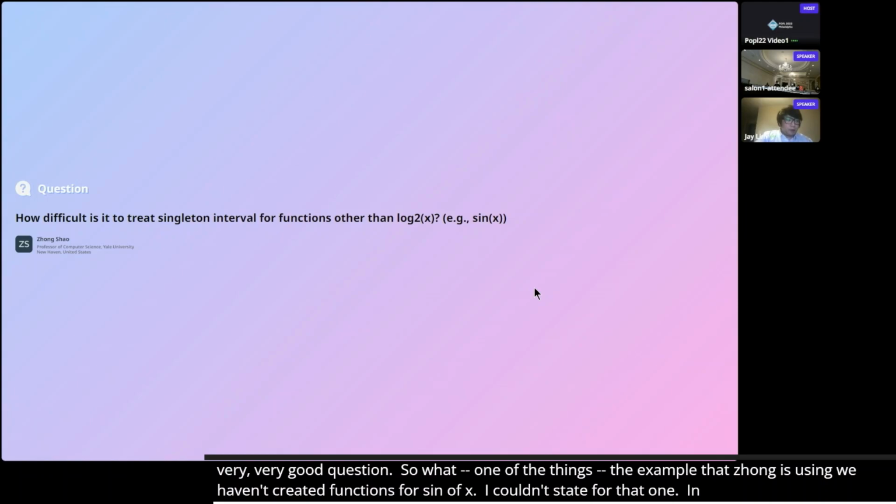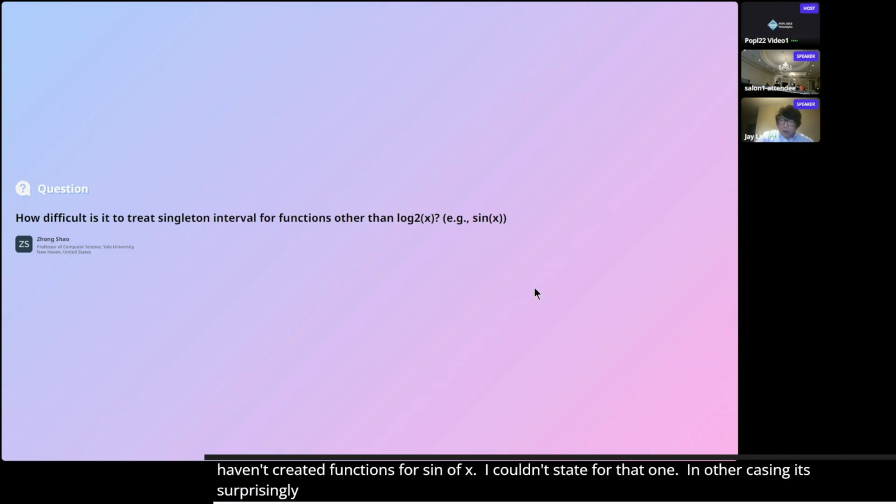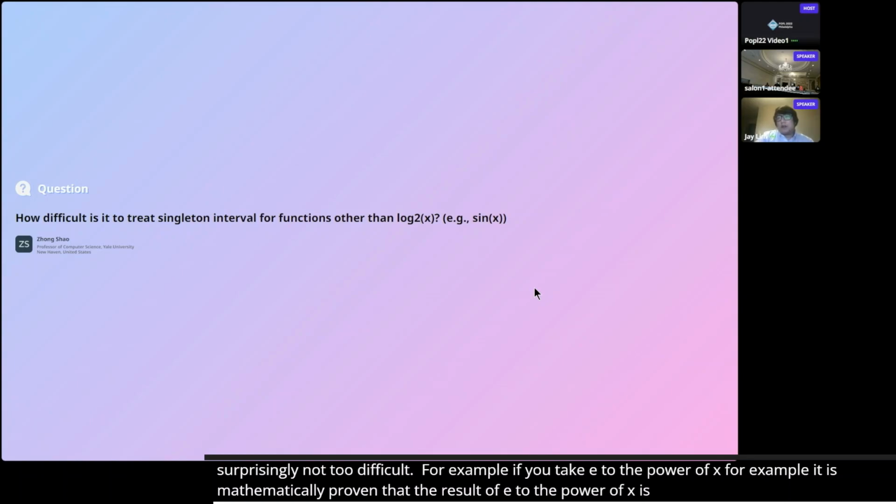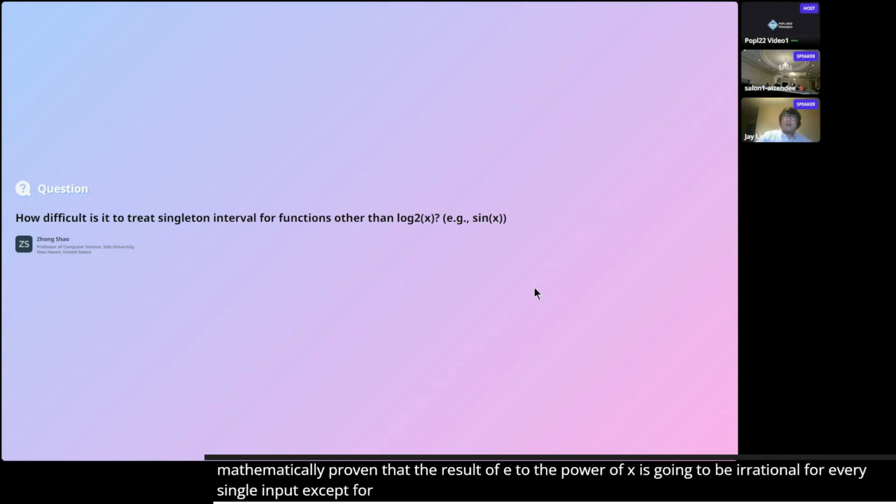For example, if you take e to the power of x, it's mathematically proven that the result of e to the power of x is going to be irrational for every single input except for x equals 0. One of the harder examples is log10 of x, in which case you would get singleton intervals if the input is a power of 10.